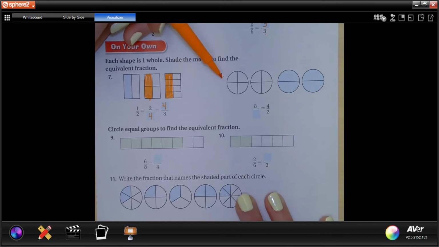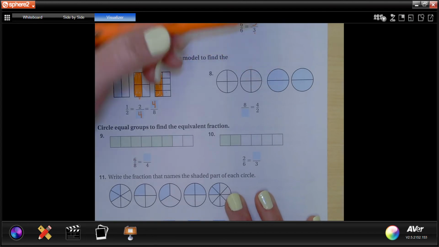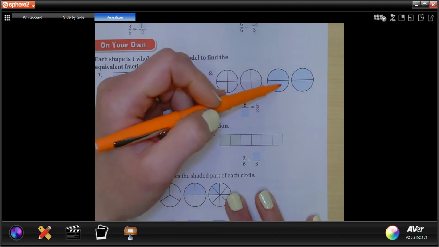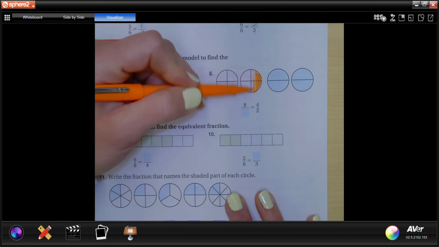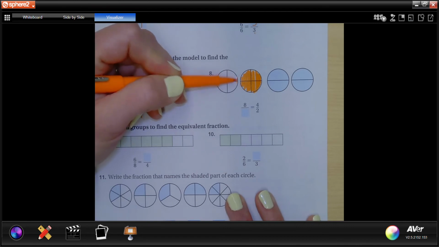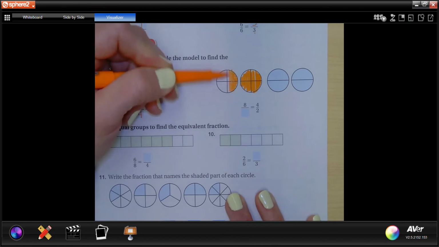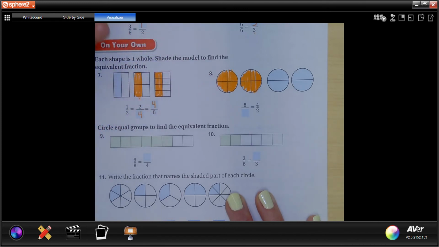Number 8. We are going to shade the model to find equivalent fractions. So these are all shaded. So both wholes are completely shaded. So we're going to completely shade both of these wholes as well to make them equivalent. All right.